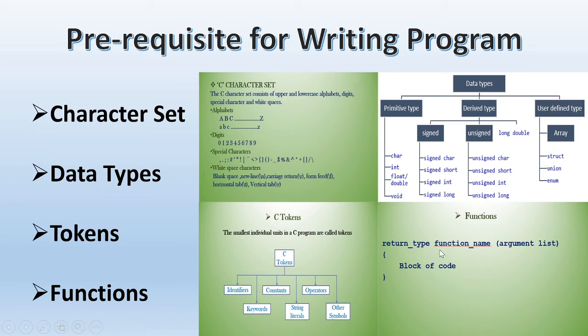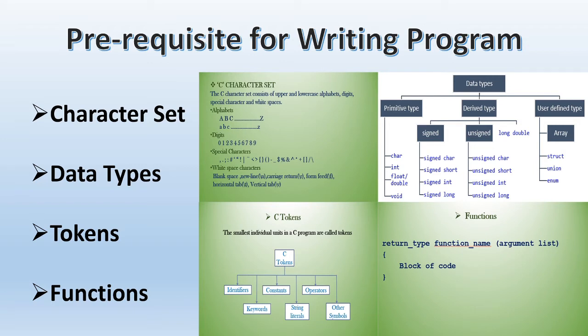Return type shows what type of data your function is going to return. Function name is any user defined name given to the set of statements which are doing a particular task. Argument list is basically an interface of the function with the main program. If you want to provide a function with certain inputs, that can be provided through argument list.